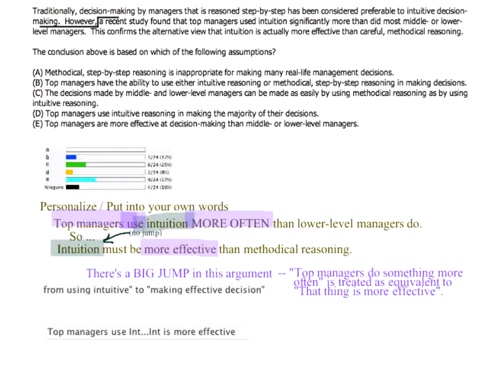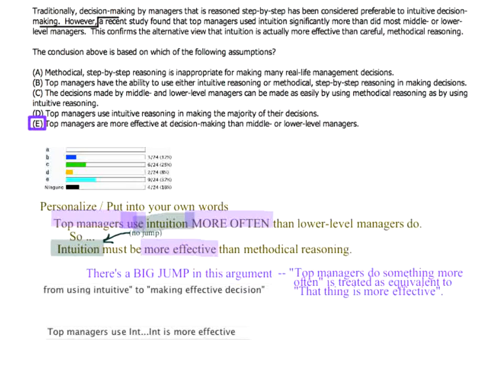So that's the kind of thing that you need an assumption to support, and the assumption that supports that is that top managers actually are more effective at what they do. So if you have choice E, that actually gets you from top managers do it to it's more effective.